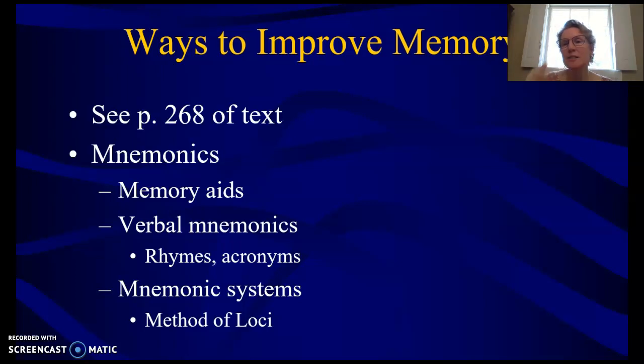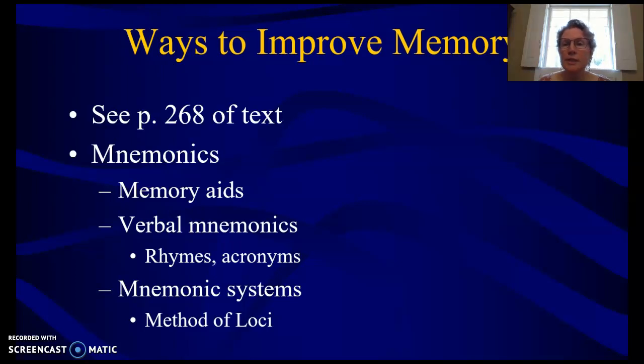One of these is the method of loci, and that just means place memory. If you picture a walk you took on campus really often, maybe you started off at your dorm, and then you passed the big clock, and you saw the fountain, and then you walked towards Harbert, and you passed under the bell tower, and then you got to Harbert, okay?